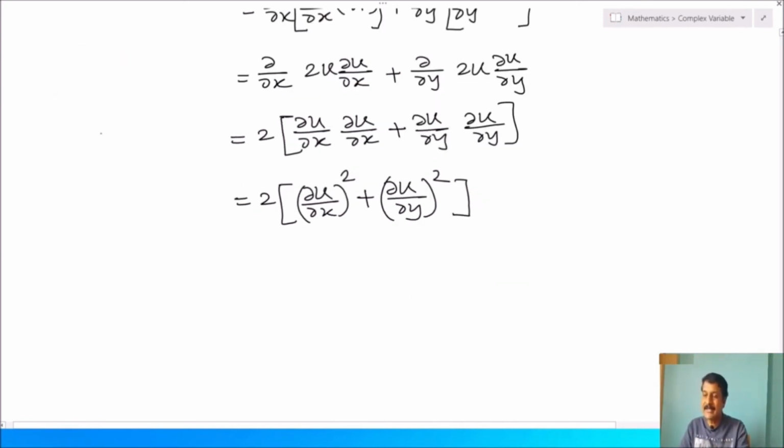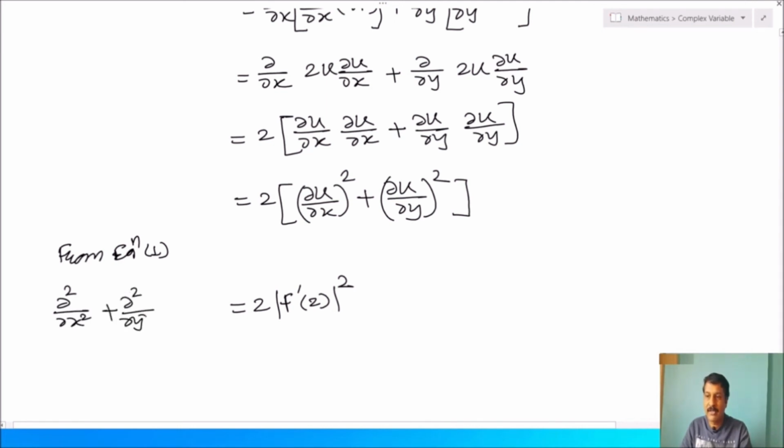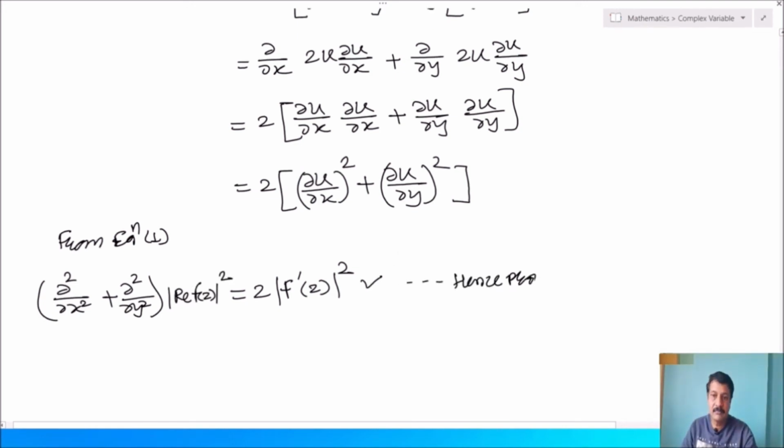So I can write here, from equation 1, this is equal to 2 as it is, and this is mod of f dash of z whole square. What is the left hand side here? It is ∂²/∂x² plus ∂²/∂y² of real of f of z whole square, which is your final result, hence proved.